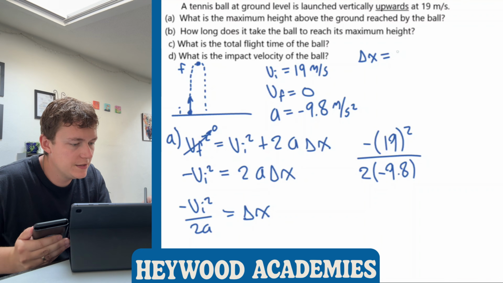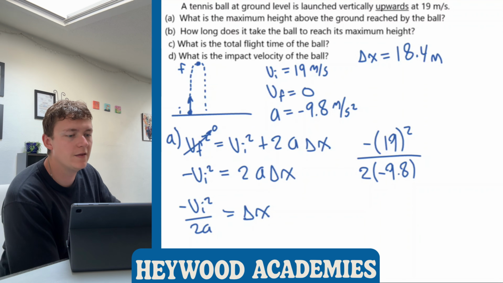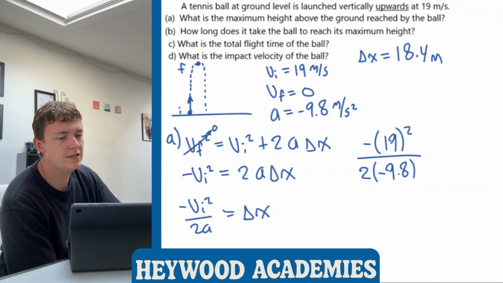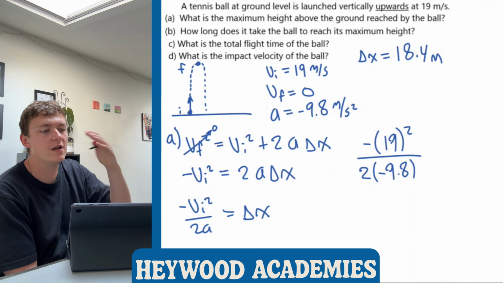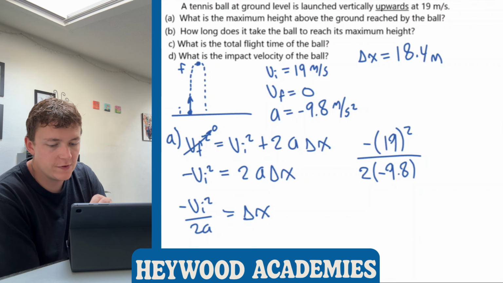Okay, that gives us 18.4 meters. So that's the height that the ball reaches before it starts turning around and coming back down. So we've got that sorted out for part A.